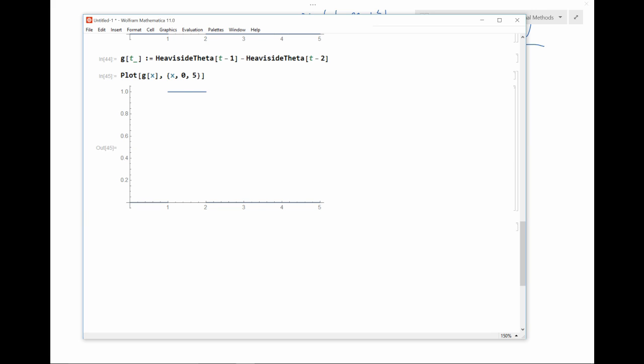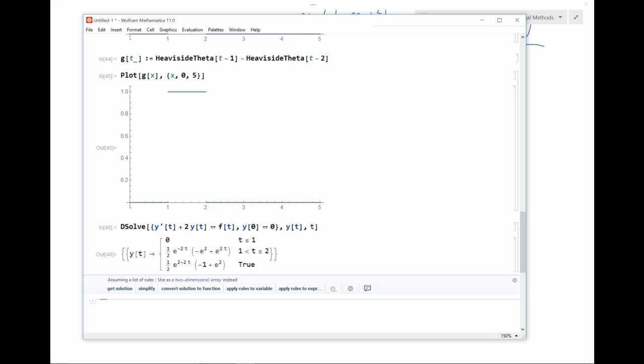So what happens when we use the DSolve command? The equation was y prime of t plus 2y of t equals f of t. The initial value was y of 0 double equals 0. We need the function y of t in terms of t. When we evaluate, we get a piecewise defined function.